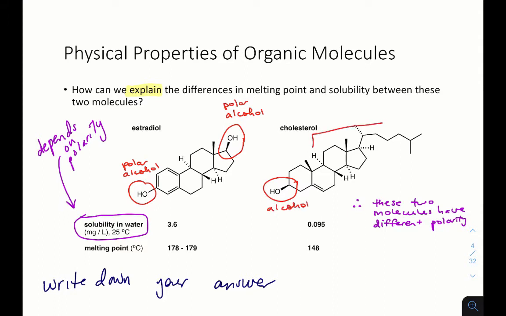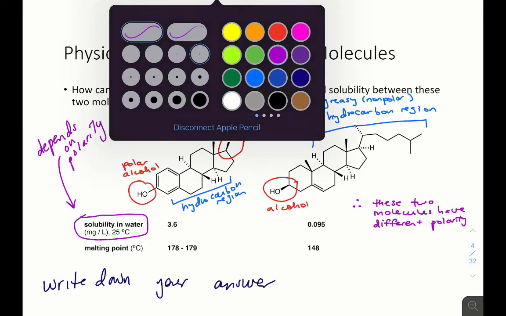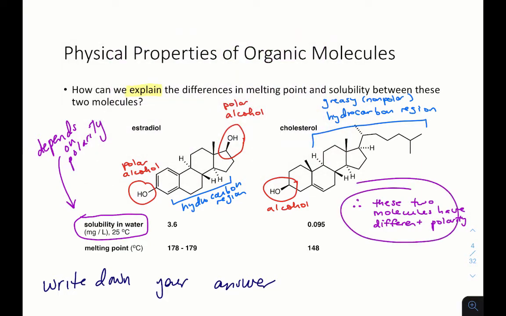Cholesterol also has a much larger, greasy, in other words, nonpolar hydrocarbon region. Estradiol also has a hydrocarbon region in the middle, but certainly cholesterol's hydrocarbon region is much bigger. Thus, it does seem reasonable that these two molecules have different polarities and that estradiol is more polar than cholesterol, making it more water soluble.